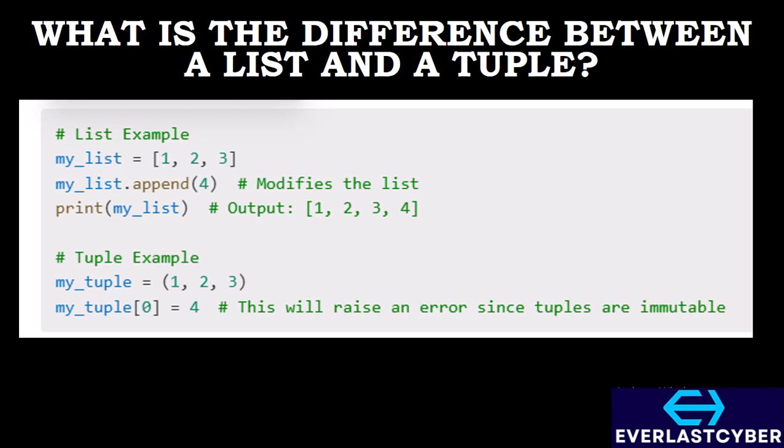On the other hand, with a tuple, if you try to add anything to it after it has been created, it will raise an error because tuples are not mutable, which means they cannot be modified after they have been created. So that's the major difference between a list and a tuple.